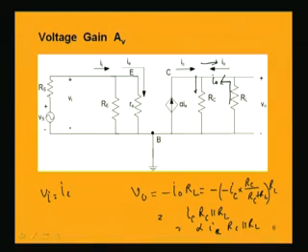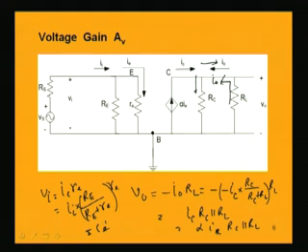So, input voltage is small Ie into re. Again, Ie is nothing but we can replace by I into Re by Re plus small re, and the whole thing multiplied by re. So, what we get is I into Re parallel re.